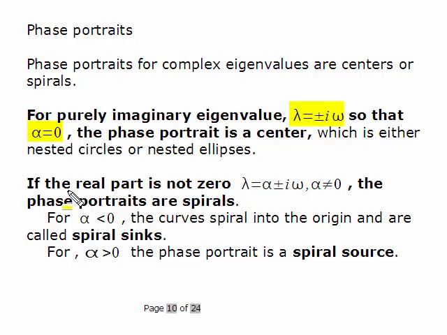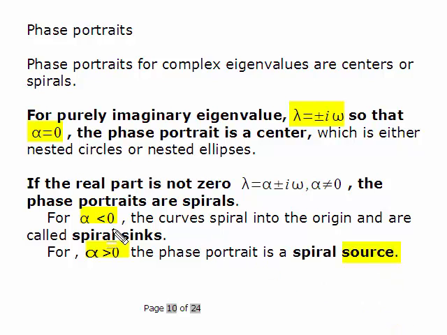Okay, if the real part is not 0, but it's positive, then the phase portrait is a spiral source. It will be spiraling out from the origin. In this case, again, the only equilibrium solution is the origin. Okay, so it's spiraling out because it's a source from that equilibrium solution at the origin.